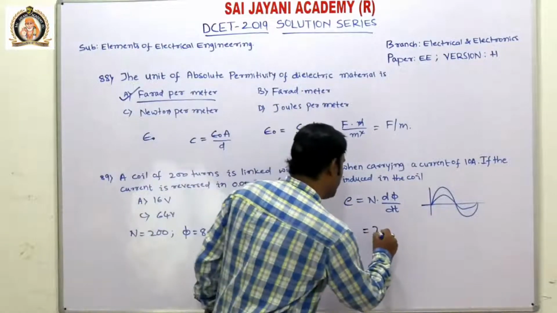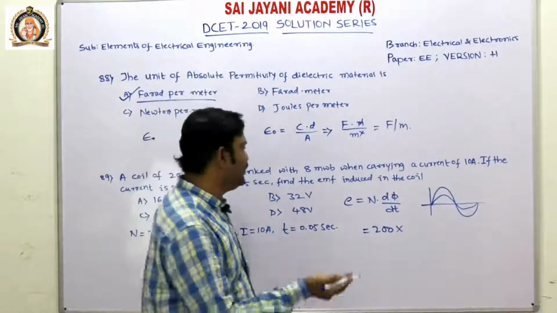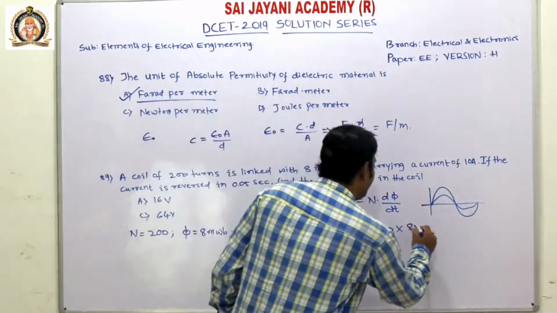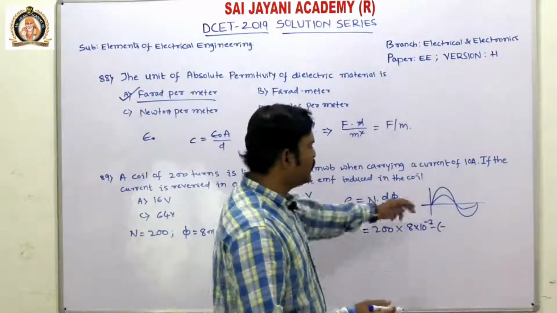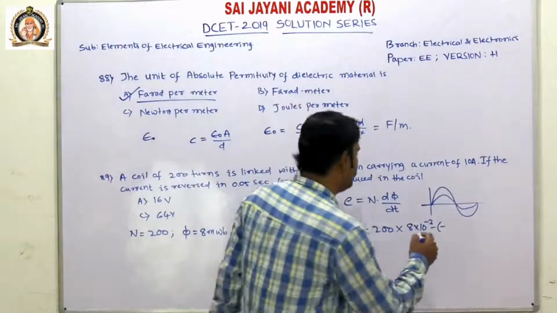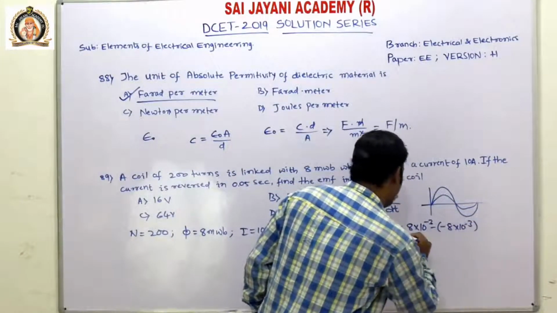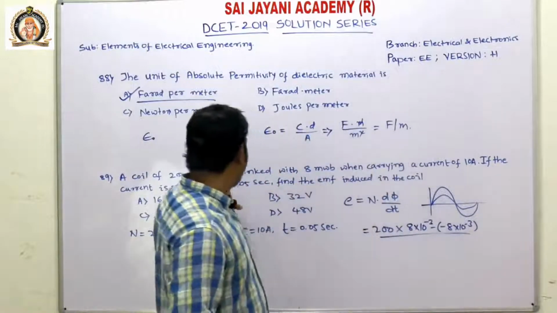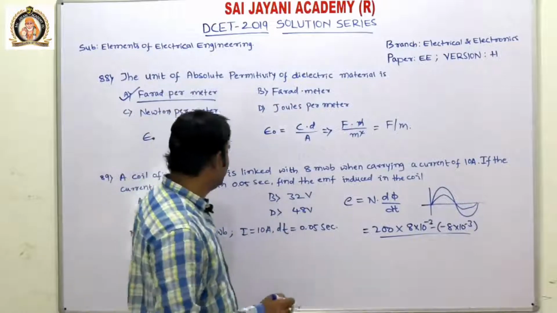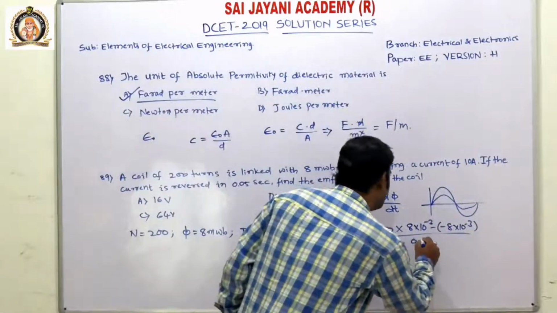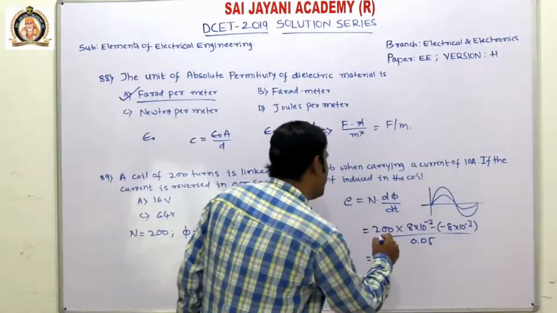So E equals 200 into d phi, the change in flux. The change in flux is 8 into 10 raised to minus 3 minus of minus 8 into 10 raised to minus 3, so it becomes 8 plus 8, divided by dt, the change in time, 0.05 seconds.